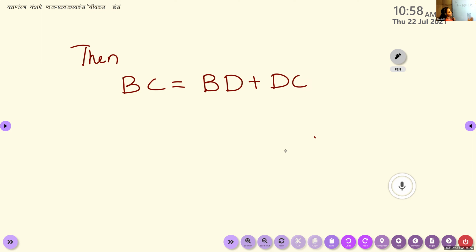Here we are going to derive the first equation of motion, V is equal to U plus AT, from the graph. That's why you can see some alphabets. Finally, it is moved into the equation. So BC is equal to BD plus DC.